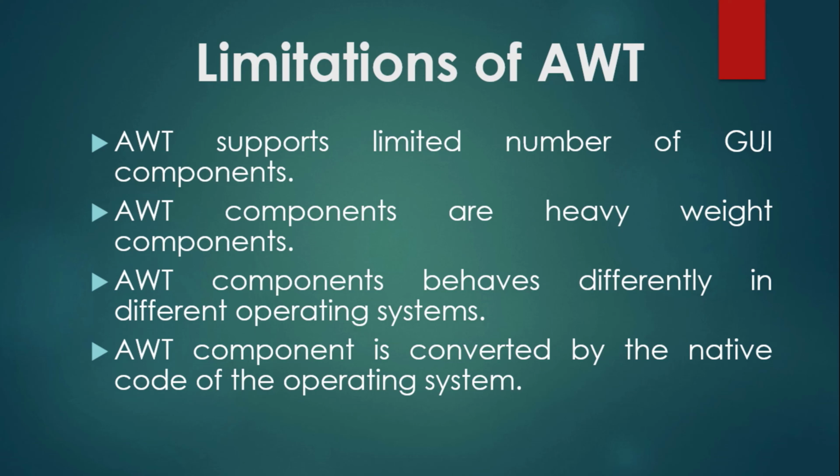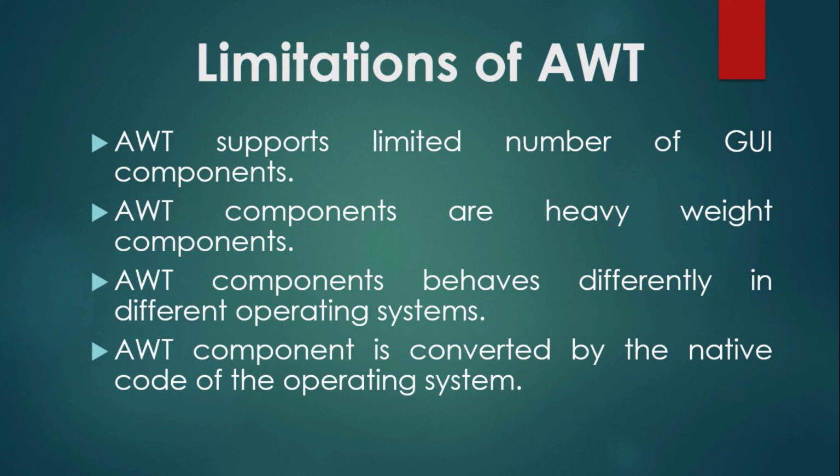Then the next limitation about AWT is that AWT components are heavyweight components, because for displaying the component it is going to take help of the operating system. It is going to make calls to the operating system and then it will render that component. Next point is AWT components behave differently on different operating systems.